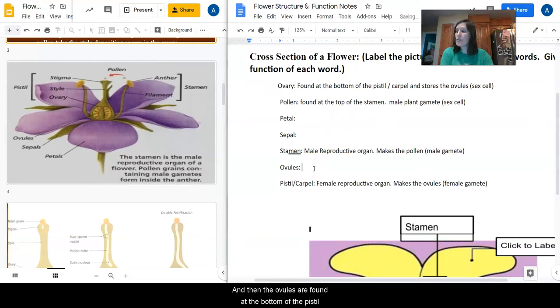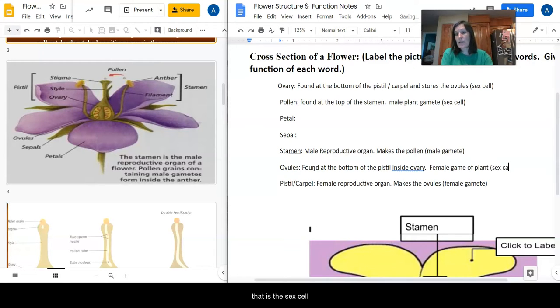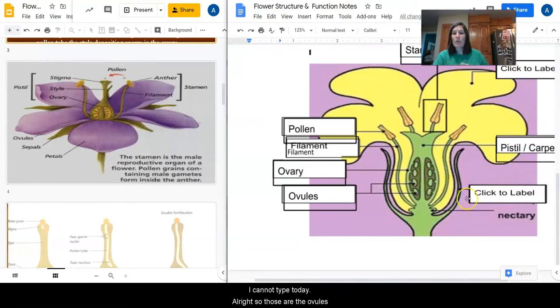And then the ovules are found at the bottom of the pistil inside the ovary. Okay, and again, this is the female gamete of the plant. And remember, gamete just means sex cell. And I cannot type today. Doing terrible. All right, so those are the ovules. So ovules are tiny. So ovary, ovules.